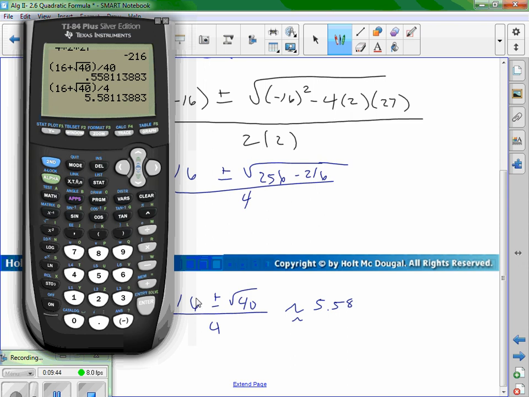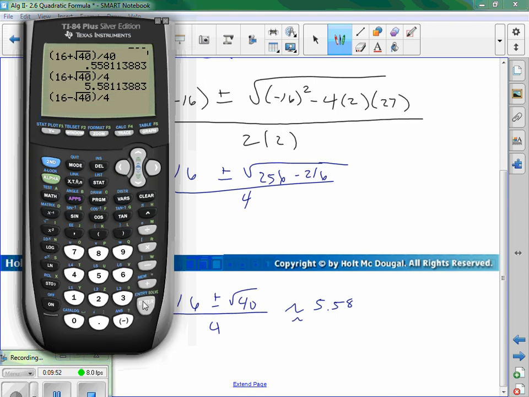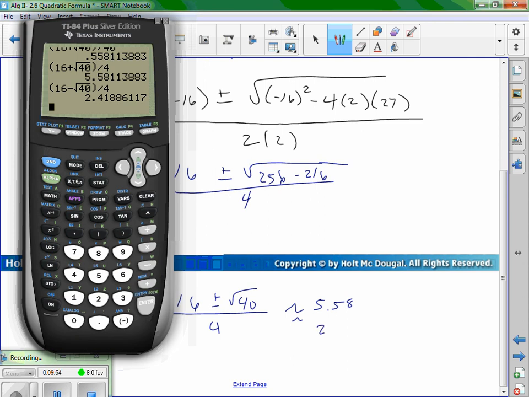That's by doing the plus. I could also do second, enter, change that plus to minus. 2.42. 16 plus or minus the square root of 40 over 4 is approximately 5.58 and 2.42.